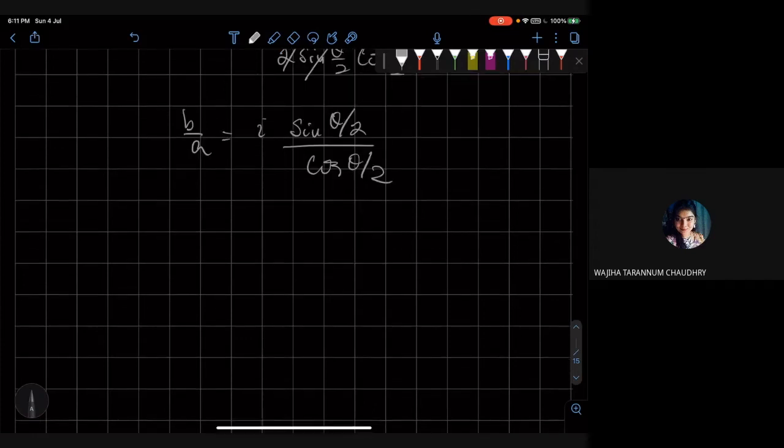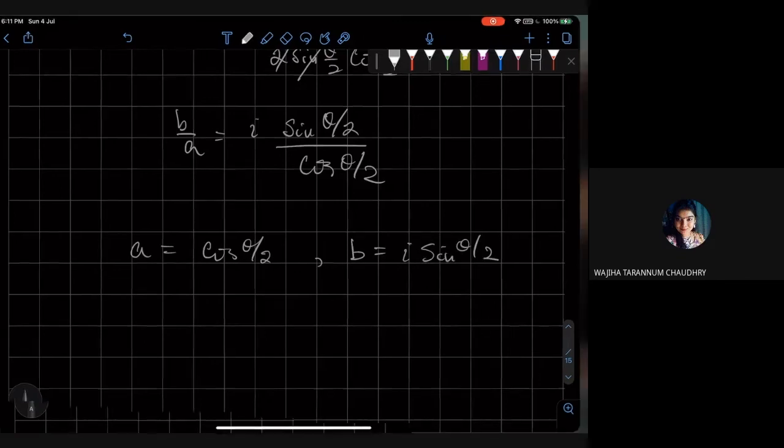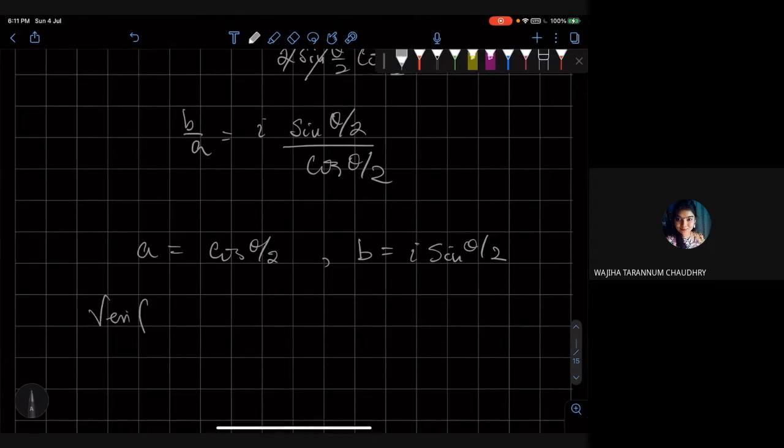So let's choose A to be cosine of theta/2 and B to be i sine of theta/2. Then you can verify that equation 2 is satisfied.